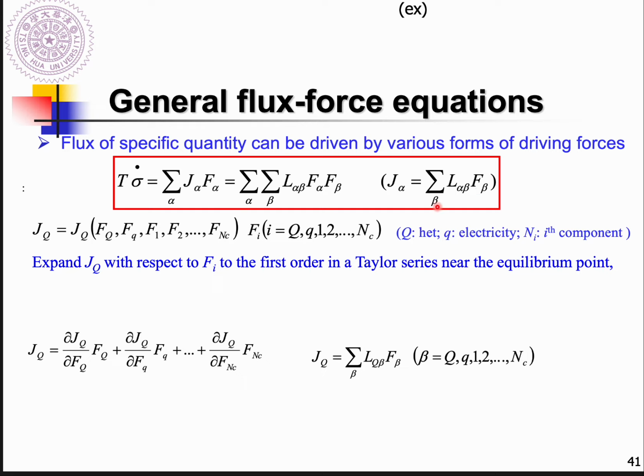As you know, beta can be alpha and can also be beta. So as in the example, it will equal L alpha alpha F alpha plus L alpha beta times F beta, right? This we call the flux-force relationship, or equations.